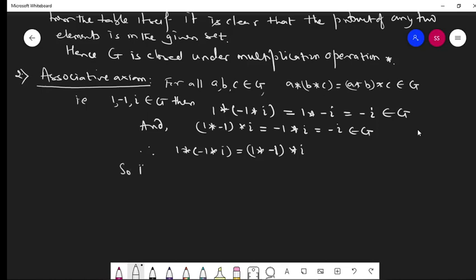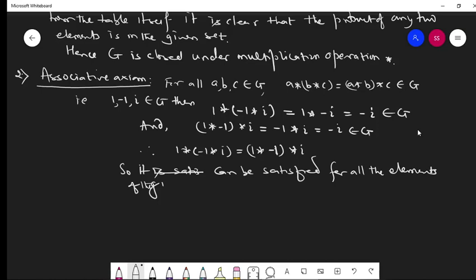So it can be satisfied for all the elements of this given set. Or simply you can write, it is true for all the elements of the given set.